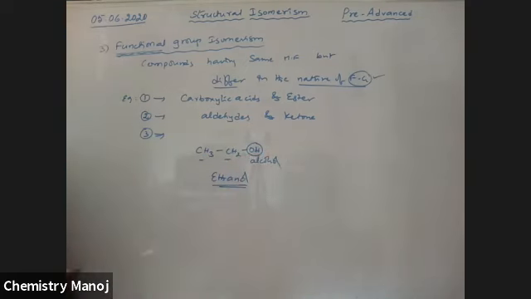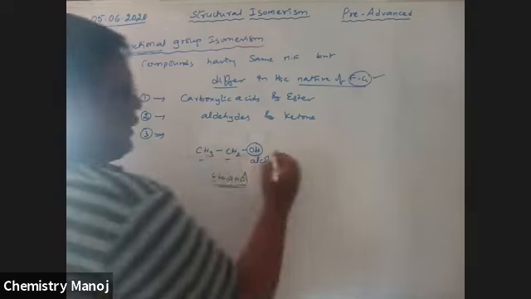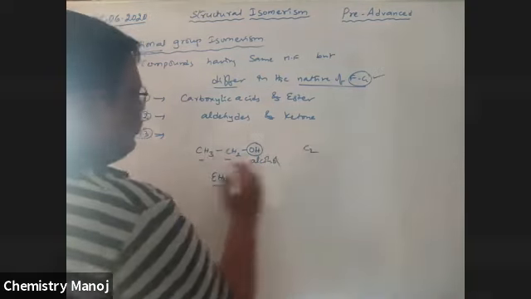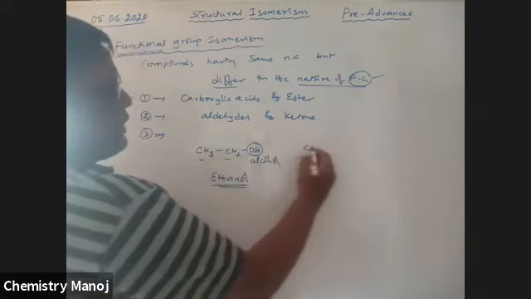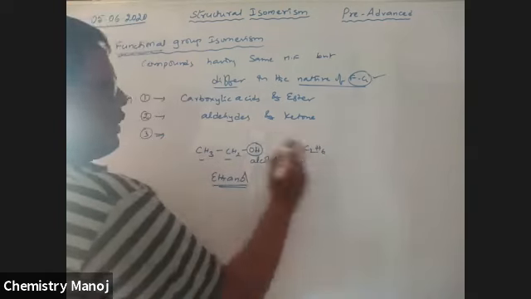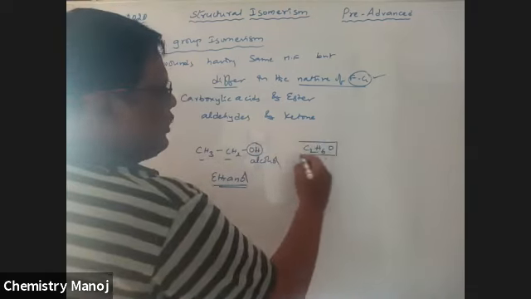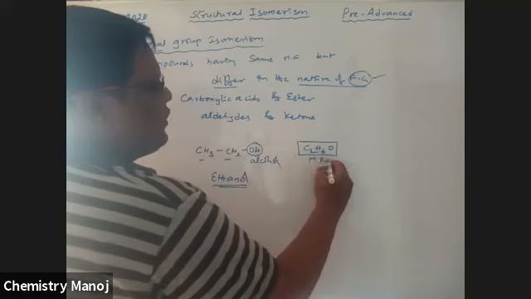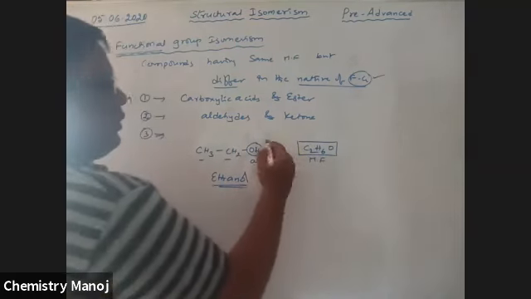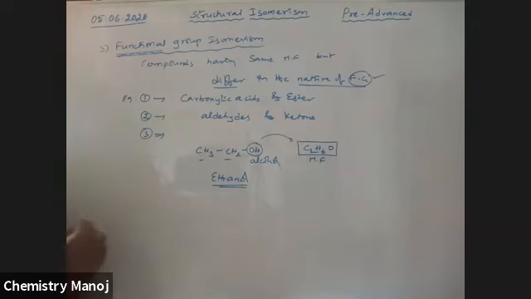The name of this compound is ethanol. Its molecular formula: 2 carbons, C2, 6 hydrogens, H6, 1 oxygen. C2H6O is the molecular formula of this compound.